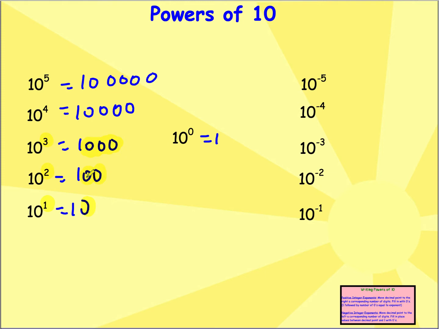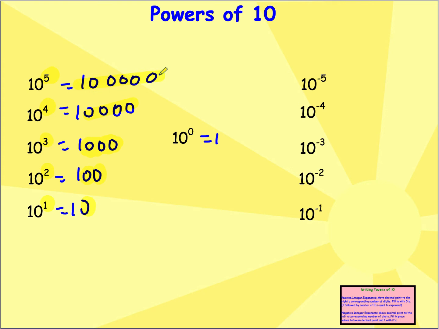Power of positive 1 on the base 10 gives me 1 zero after the 1. If the exponent of 10 squared is 2, I get 2 zeros in 100. And 10 to the fourth resulted in 4 zeros in the number 10,000. 10 to the fifth gave me 100,000, which has 5 zeros.